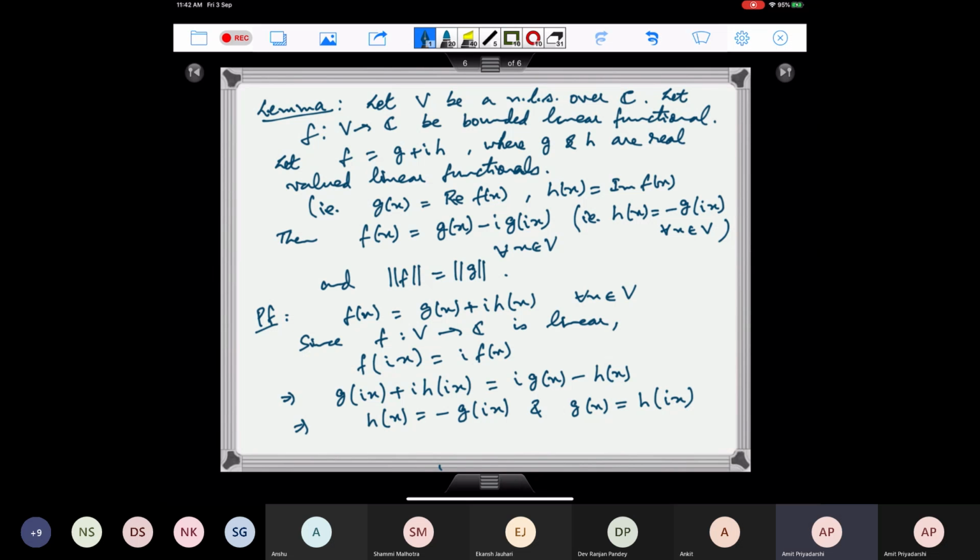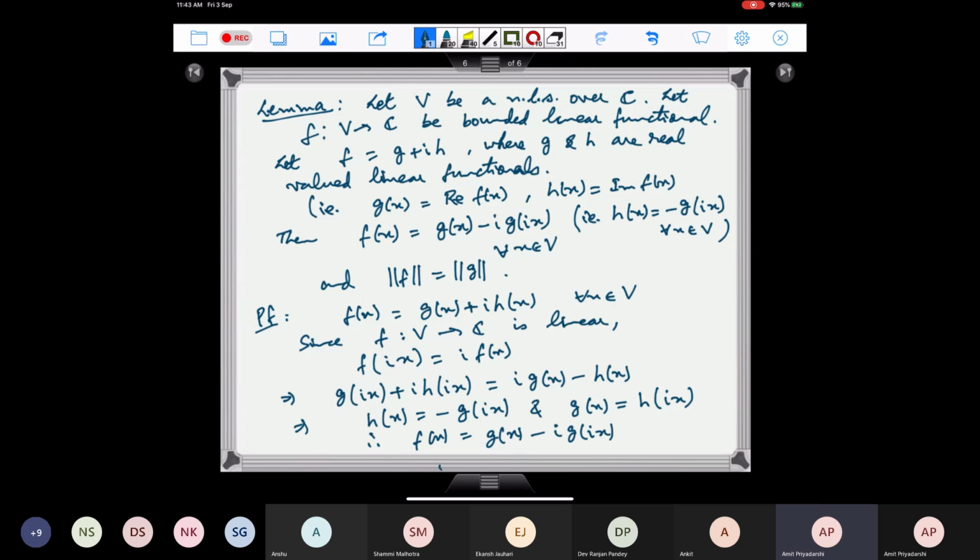Like if you have h(x) equal to minus g of iota x, then h of iota x will be minus g of iota times iota x, which is minus g of minus x, and because g is linear, that will be equal to g of x. So we get that h of x can be written as minus g of iota x. So therefore, this f(x) is equal to g(x) minus iota times g of iota x.